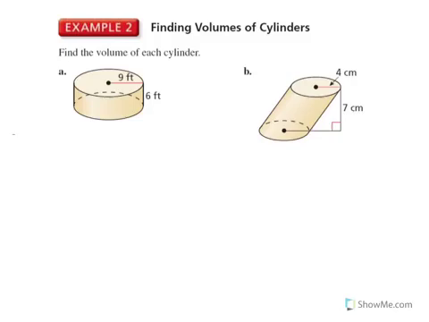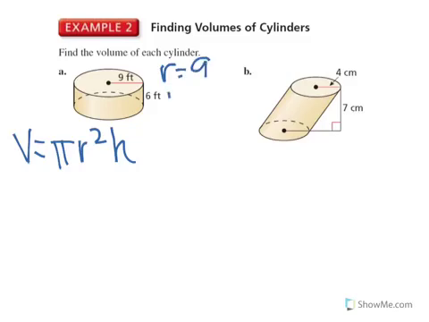Okay, to try this first one, if we know volume is pi r squared, then we multiply it times the height of our cylinder. We know that our radius is 9 and our height is 6, so we can just plug in pi times 9 squared times our height, which is 6.